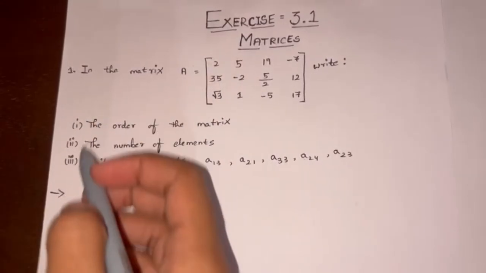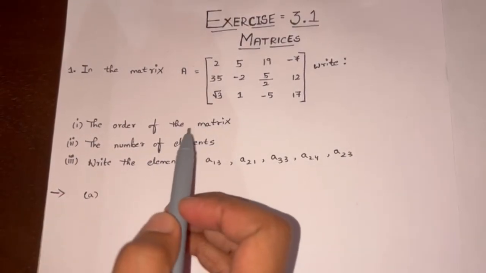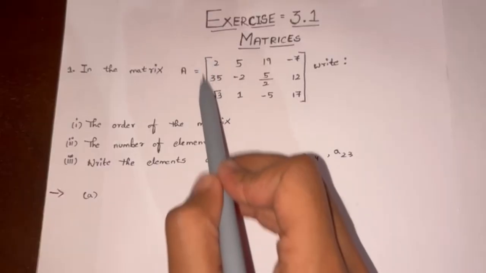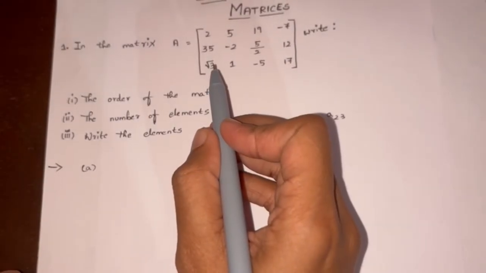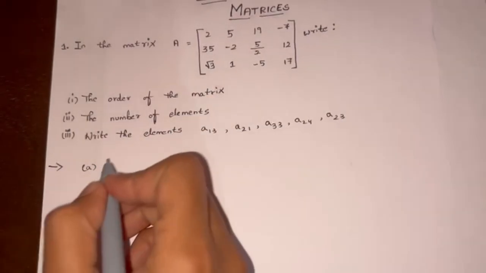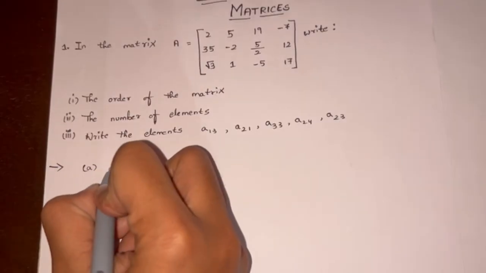As you all can see, we are going to solve the first problem, which says to find the order of the matrix. So basically here we have to find the order of this A matrix. So let us know how to find the order of this matrix. In our previous basic concept, we learned about order of matrix. Let us know again what order of matrix is.